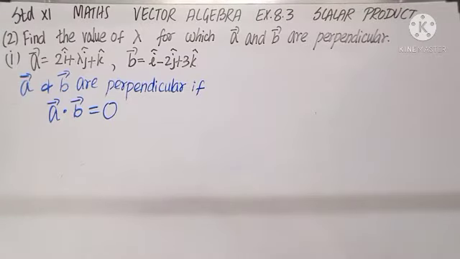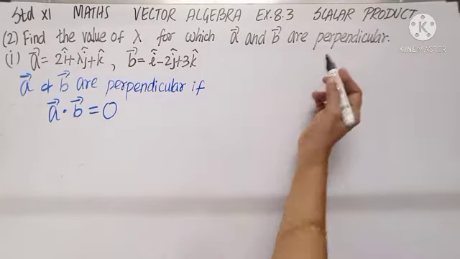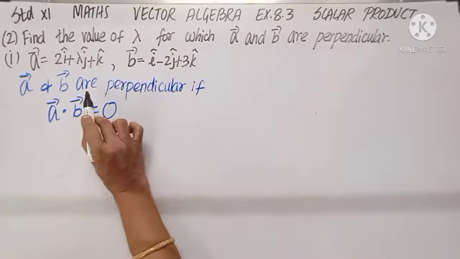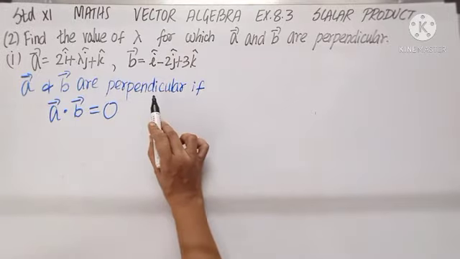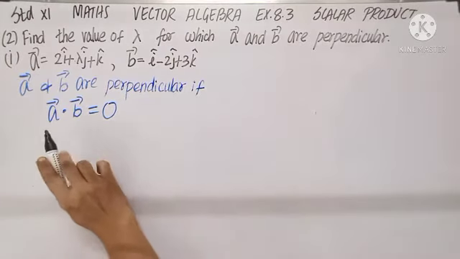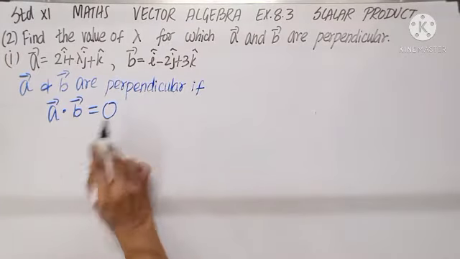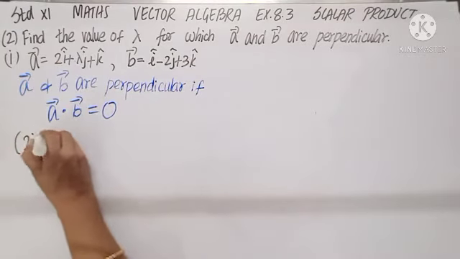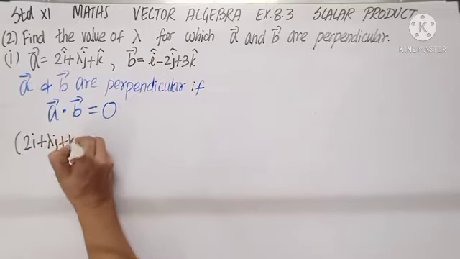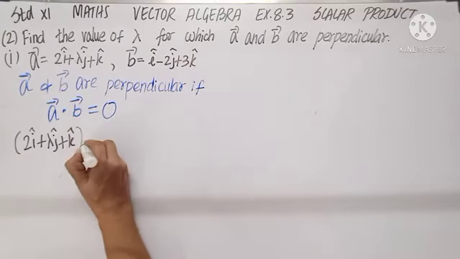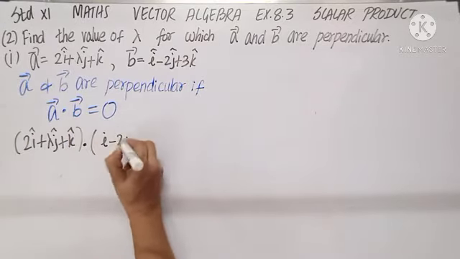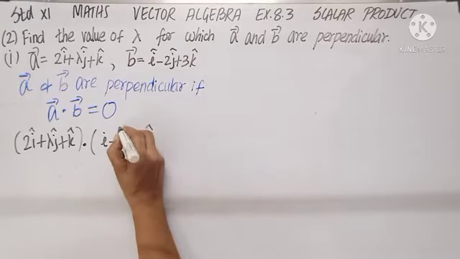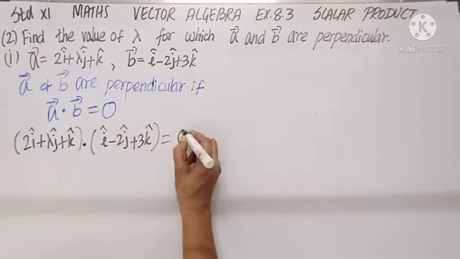Question number 2, find the value of lambda for which A and B are perpendicular. We know A and B are perpendicular if A vector dot B vector is equal to 0. As we substitute for A and B, 2I plus lambda J plus K dot I minus 2J plus 3K equals 0.